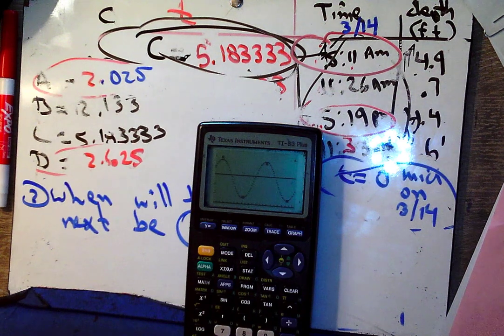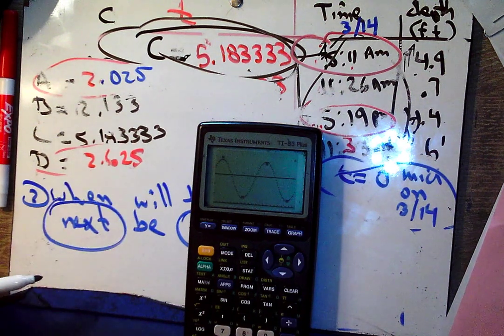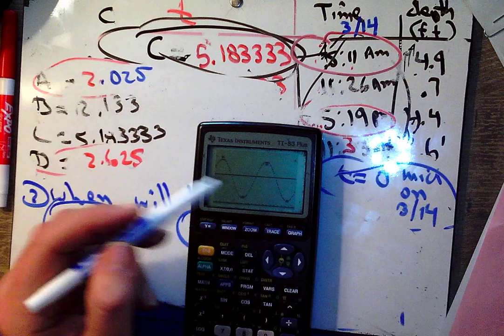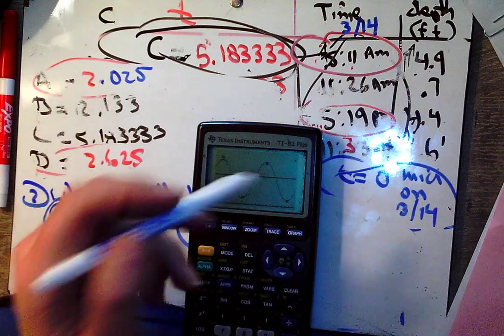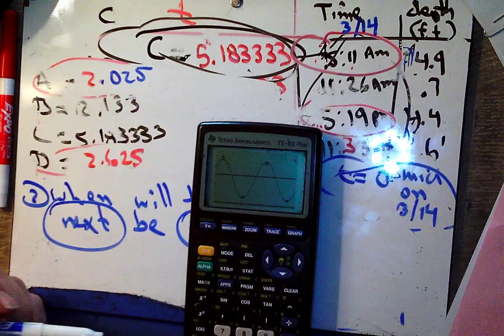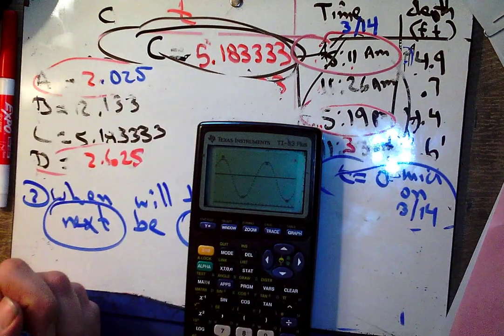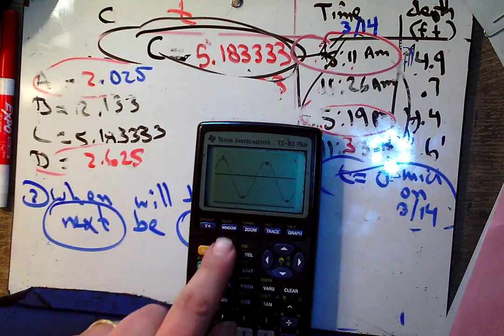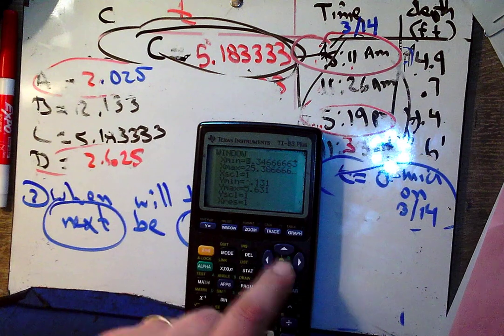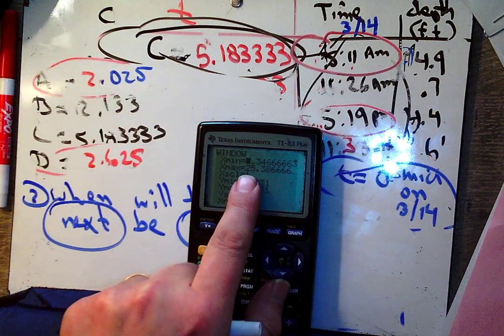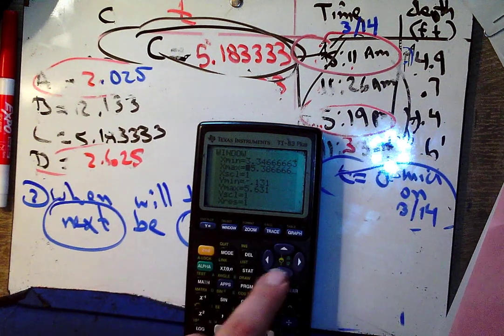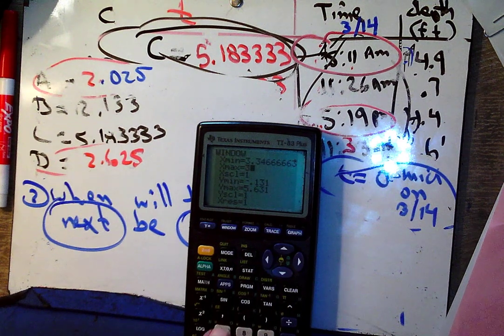Okay, now listen to this word, next. These are the ones that come within our day. I want the next one. I want the one that's over here off the screen. So I've got to change my viewing window. I've got to go past 24 hours. I don't know, let's add 12 hours to that, 36.